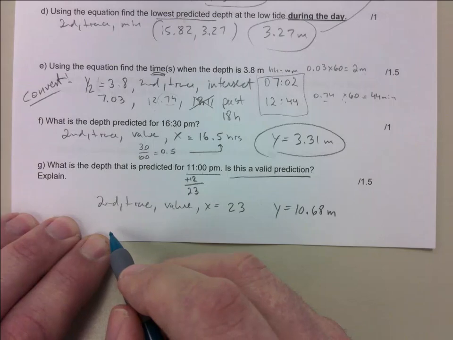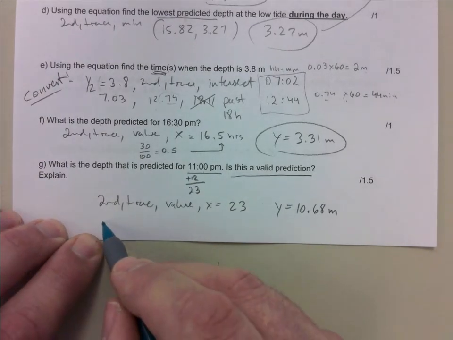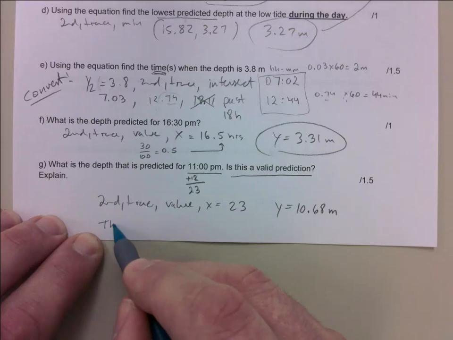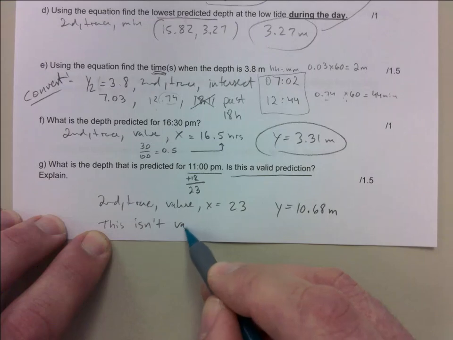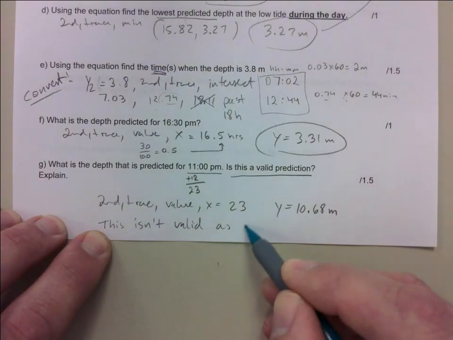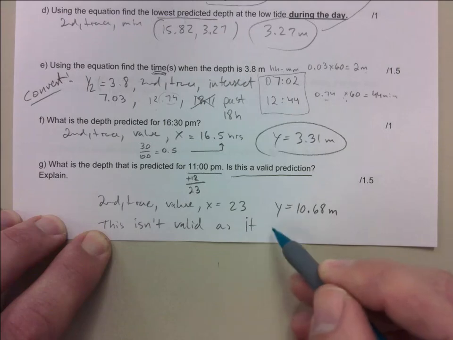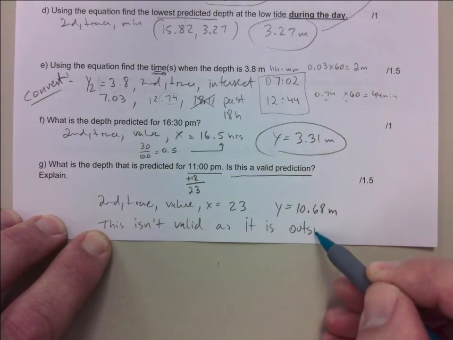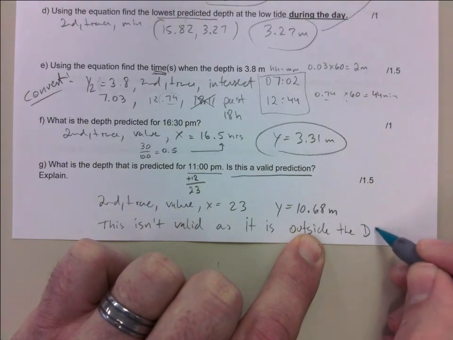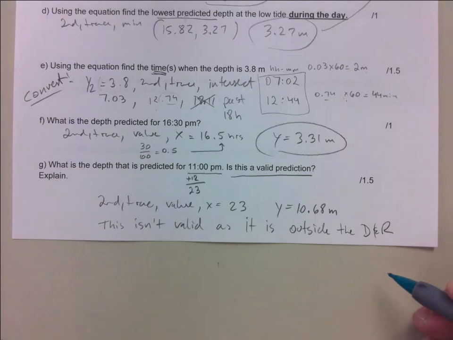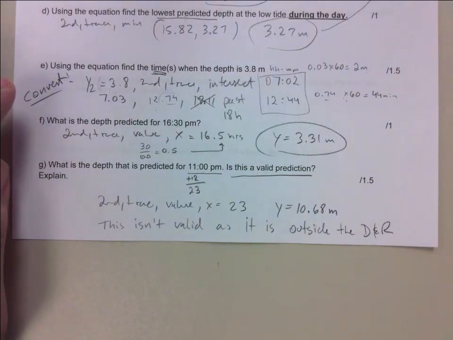I just wanted you to note that this is not valid, as it is outside the domain and range. Because this just keeps on going up indefinitely. So it's not realistic because it just keeps on increasing no matter how far you go, right?